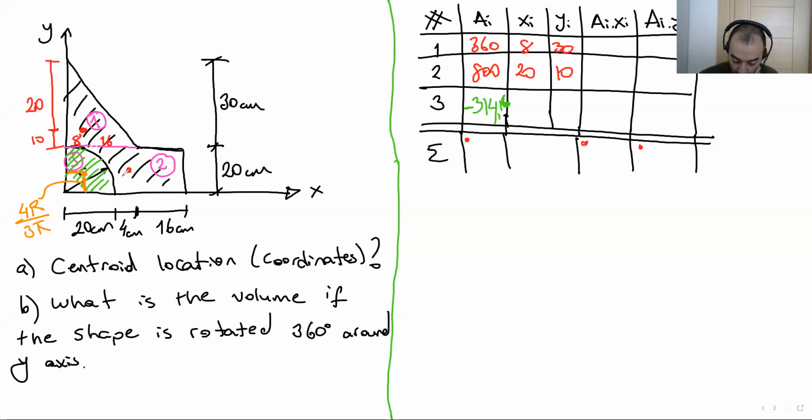Here, 20, over 3 times pi. Here in both directions it's the same, 8.48. xi is 8.48, yi is 8.48.